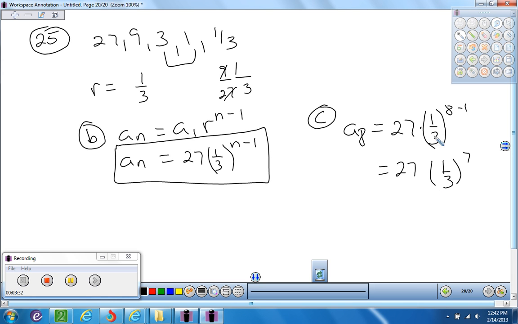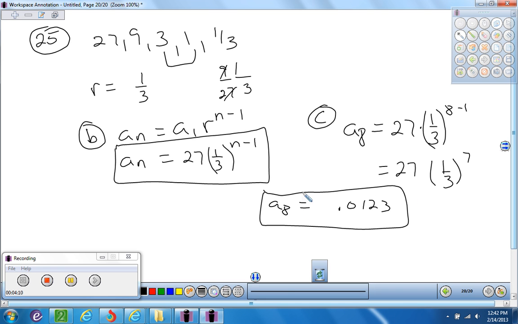Now when you do this, you can put this in the calculator, but if we take a third, you may want to put a third in parentheses, so it doesn't just take the 3, but it would be fine for this case. So when we do 1 divided by 3 to the 7th power times 27, we should end up with a decimal answer, and I'm just going to 3 decimal places. So 0.0123, and so our 8th term would be equal to this.